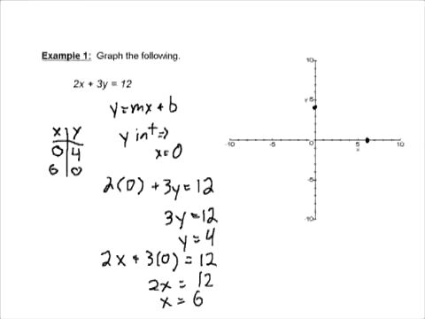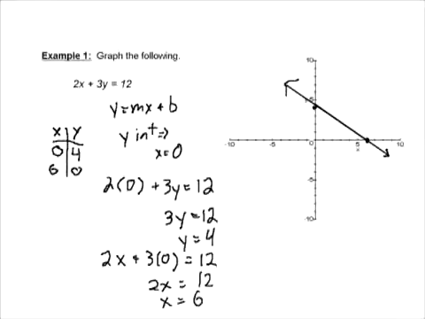Not quite straight for me, but it's a little easier to do with a ruler. And there is our graph of our equation. So fairly straightforward. Keep in mind, if we have a line, we want to make sure to indicate that the line goes on forever. So we need to just put some arrows on the end.